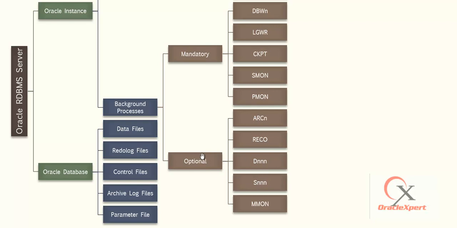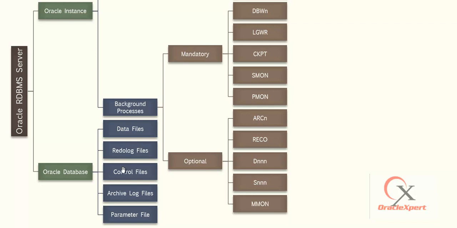Depending upon your configuration, you may or may not see them, such as the archiver process, ARCn, the recoverer process, RECO, the dispatcher process, Dnnn, where nnn are the numeric digits or the numbers. So you can have up to 999 processes. Then you have shared server processes marked as Snnn and MMON, which is the memory monitor.